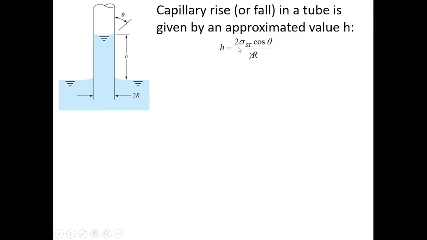2 multiplied by the surface tension, or coefficient of surface tension, denoted by the Greek letter sigma, multiplied by cosine theta, which we call the contact angle or the wetting angle.